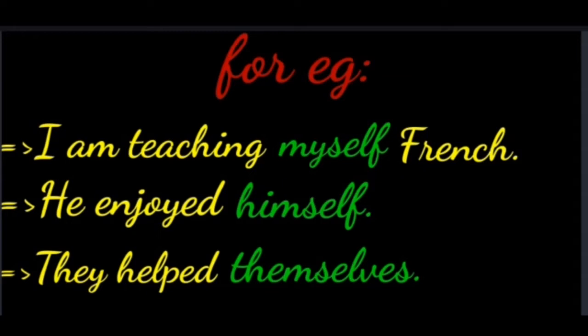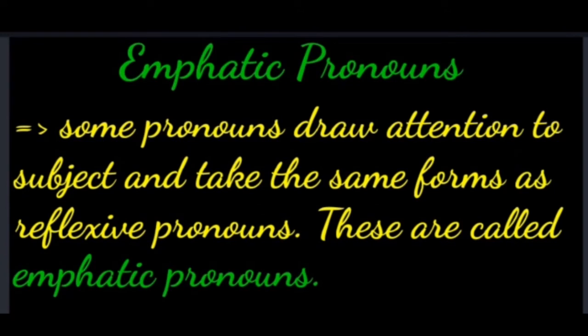I repeat, in each of these sentences, the subject or the doer of the action and the object or the receiver of the action are the same person. The pronouns used as the objects of the verbs refer back to the subjects. Then the next one, emphatic pronouns. Emphatic pronouns.